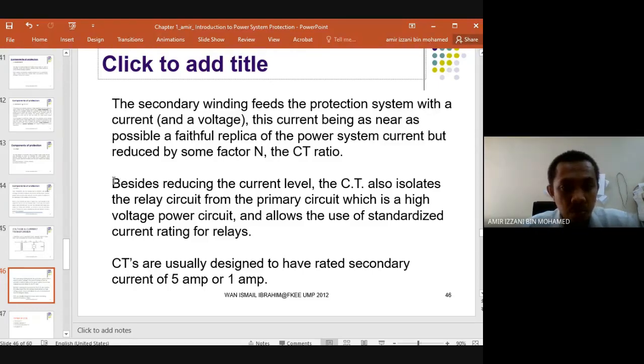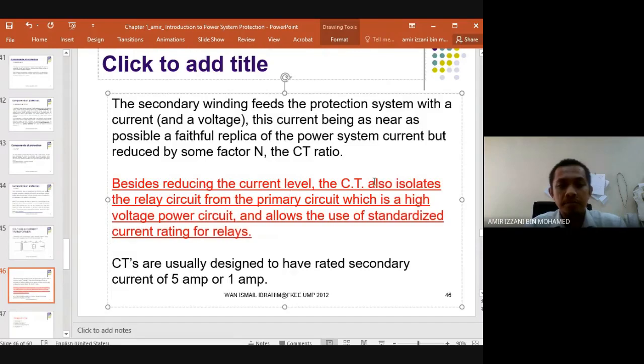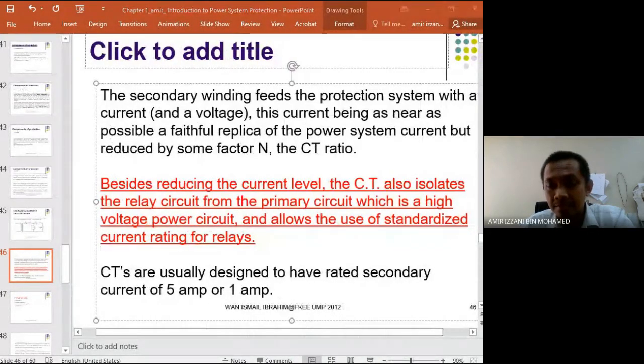So, what do you understand by this sentence? CT also isolates the relay circuit from the primary circuit, which is a high voltage power circuit. What does it mean by isolate? Anyone can answer? Any idea?